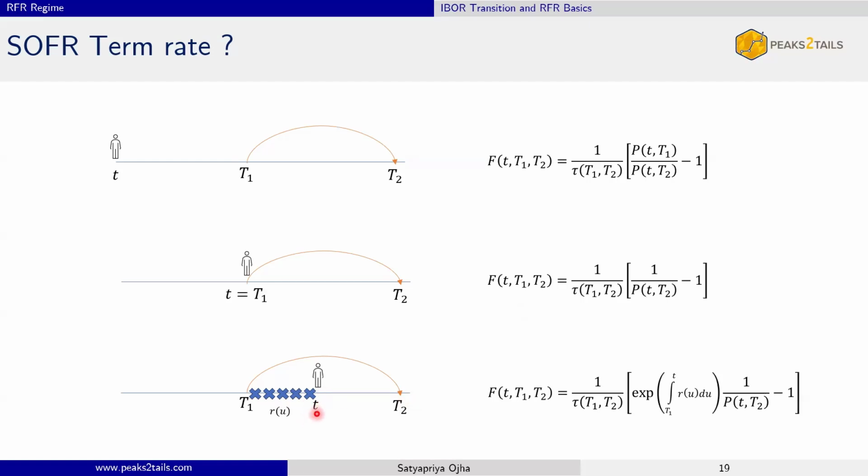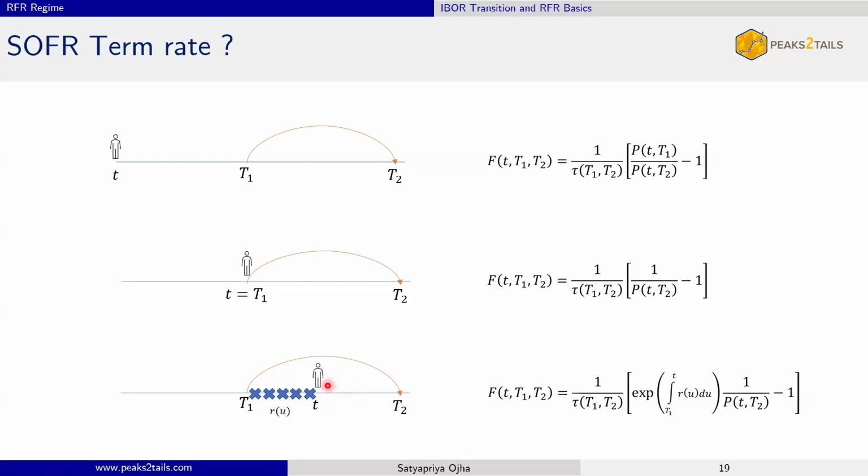So when you are in between T1 and T2, somewhere here, this is a very peculiar position. At this point, you have partial fixings available to you. Whatever has happened before, between T1 to T, all the SOFR rates have been published. So these rates have been realized. The future SOFR rates are not realized.